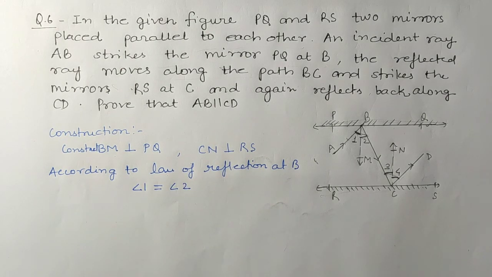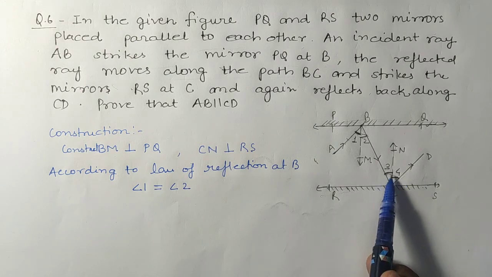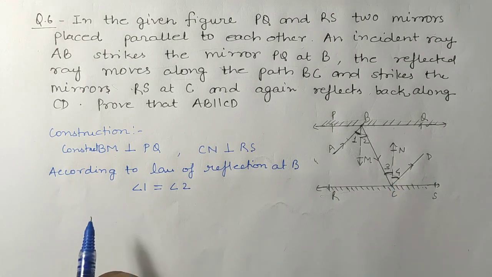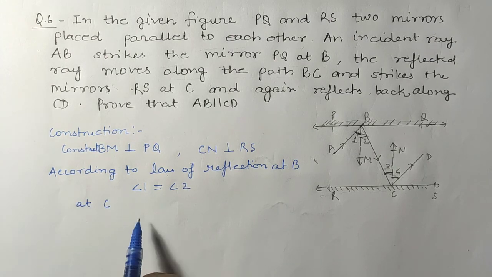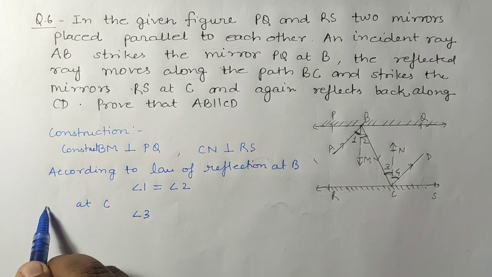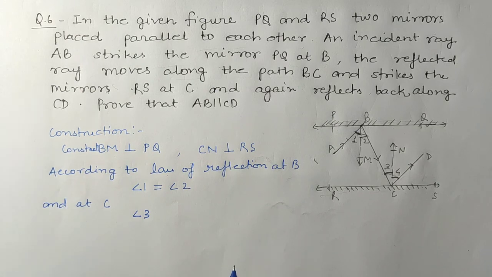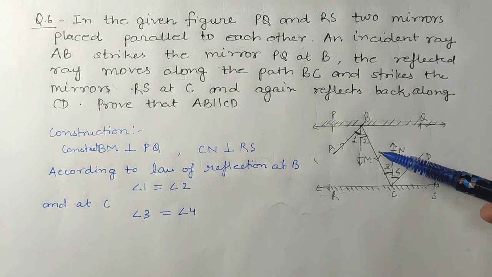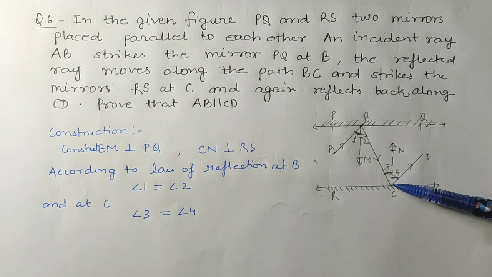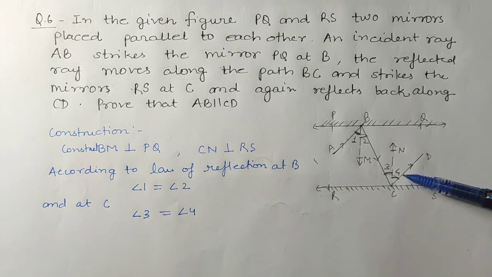In the same manner here, at C, angle 3 is equal to angle 4, because BC is an incident ray, and after striking RS it moves along the path CD.